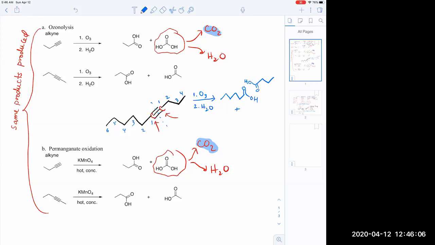Oxidative cleavage of the alkene might produce aldehydes and ketones, or carboxylic acids and ketones, depending on whether ozonolysis or permanganate oxidation is used.